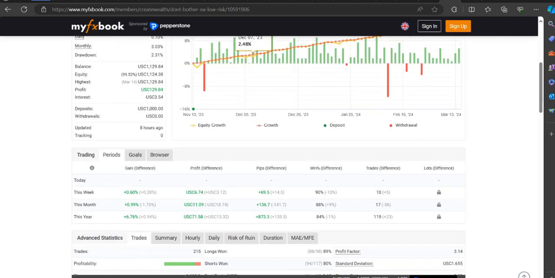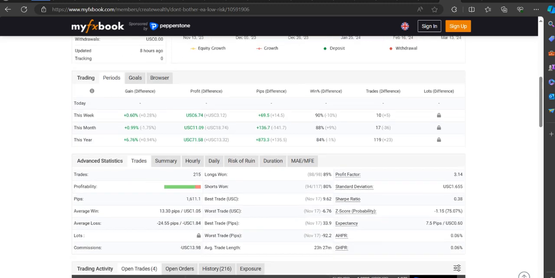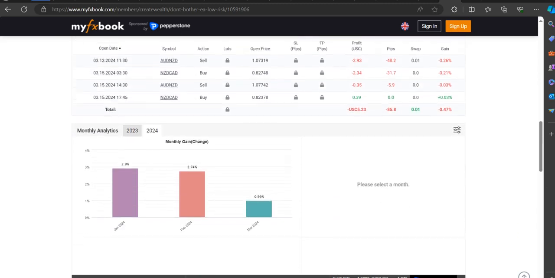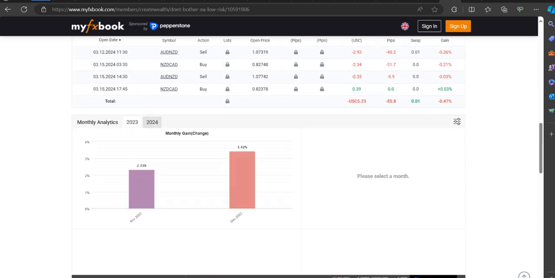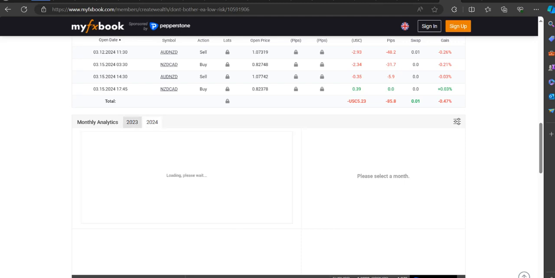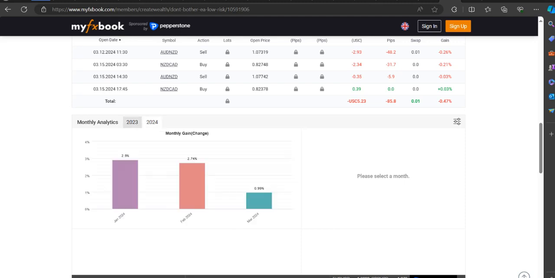This week we made 0.60, this month almost 1%, this year 6.76%. Similarly, in 2023 it's 2.33 and 3.42 in November and December. In 2024, it's 2.9% in January, 2.74% in February, and in March it's almost 1%.